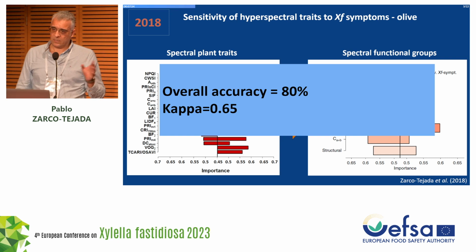Back in 2018, we demonstrated that we could detect, using airborne imaging spectroscopy, the symptoms induced by Xylella fastidiosa, and we did it with models that performed at around 80% overall accuracy with 0.65 kappa coefficients.